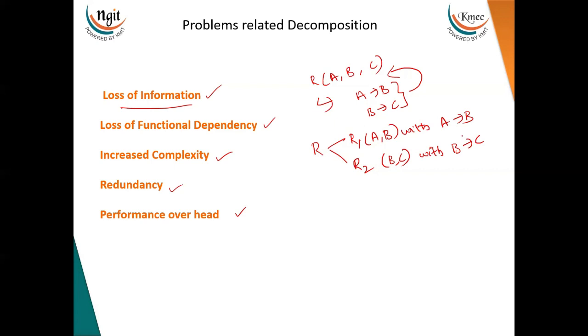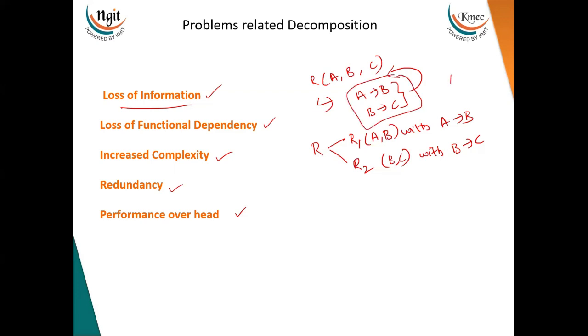In this case, when the decomposition is performed, it is preserving the dependency. That is, dependency preserving happens because all the functional dependencies of the original relation R can be found.